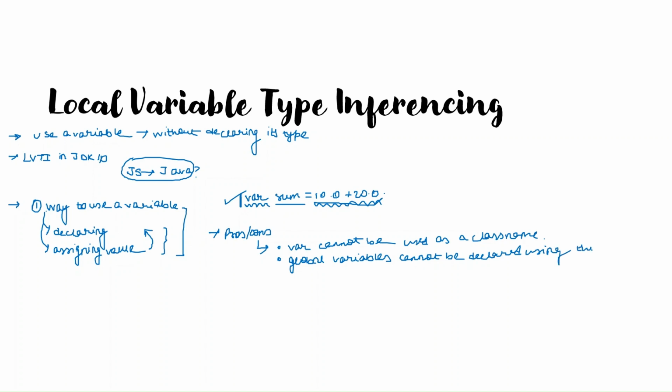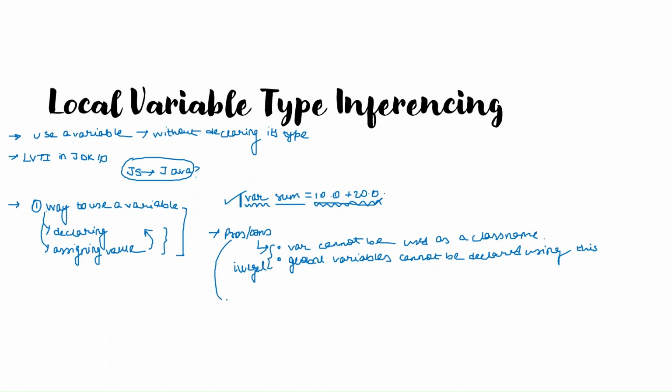We'll talk about this in the practical part in this video itself, so stick till then. These are the places where using this context-sensitive identifier var is illegal. You cannot use it, it'll give you a compile-time error.